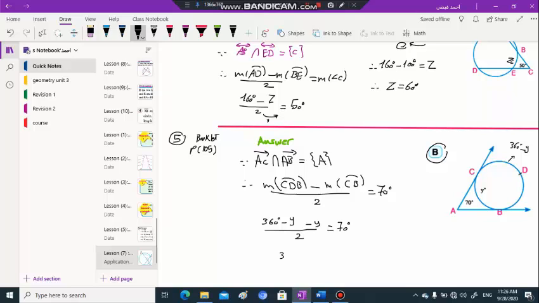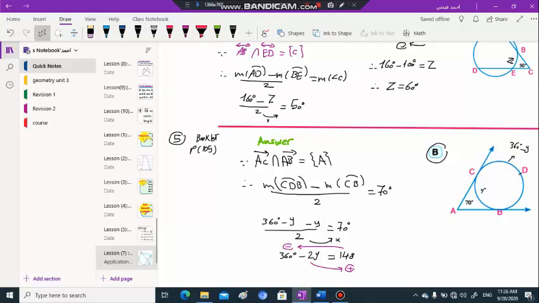So 360 minus 2y equals 2 times 70, which is 140. So we take negative 2y to the other side with positive, and 140 to the other side with negative.